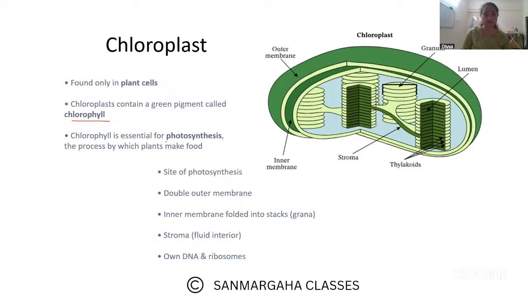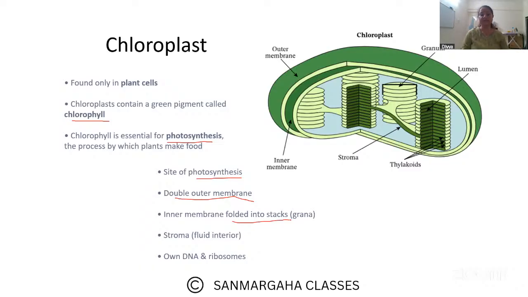Chlorophyll is mainly responsible for photosynthesis, that means the plant prepares its own food. The chloroplast is the main site of photosynthesis, and like all the organelles, it has double membranes: a double outer membrane, and the inner membrane is folded into stacks.